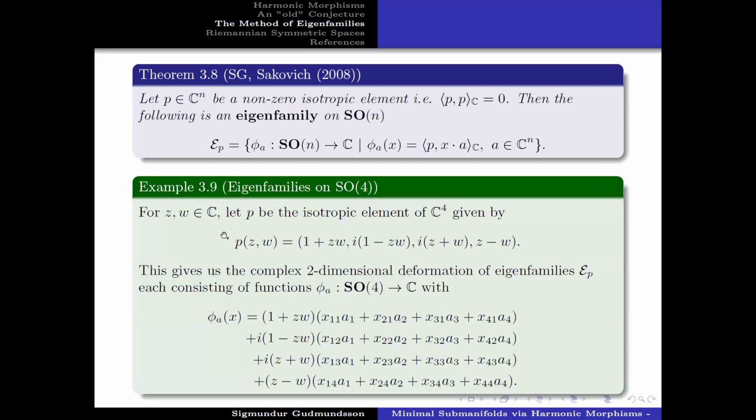Now, this can be seen in many different ways, but if you have an isotropic element, like I'm talking about here in C4, that is well known, for example, from minimal surface theory in R4, they have to be of this kind, where these are two complex numbers.